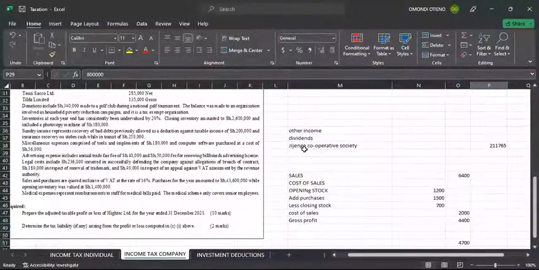Is there a particular reason we were told about Uganda? What if it was the dividends from a country that does not have a double tax treaty with Kenya? It will be subjected to tax. So if we have a difference, so long as it is outside Kenya, we are told that the withholding tax is final.